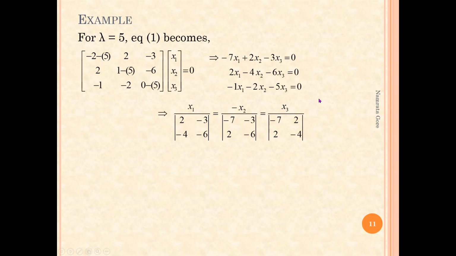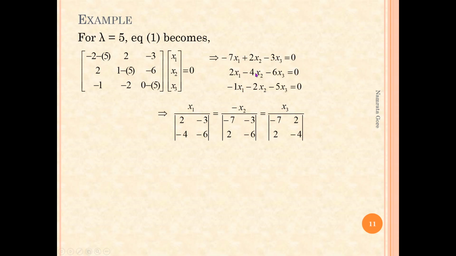Here I am using the first 2 equations. So for x1, what I am getting is 2 minus 3 minus 4 minus 6. Here I am writing the determinant excluding the coefficients of x1. Then remember this minus sign is there with x2, always in Cramer's rule.